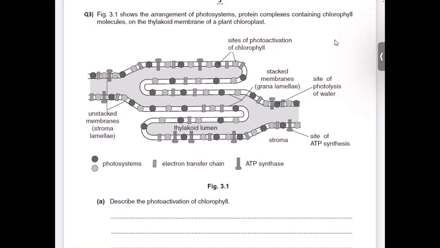When any pigment absorbs light, it's said to be excited. Our light energy will be transferred from the accessory pigments to the primary pigment.